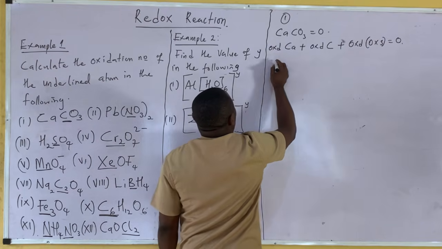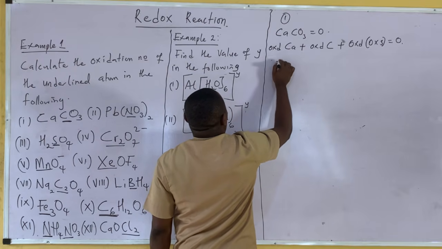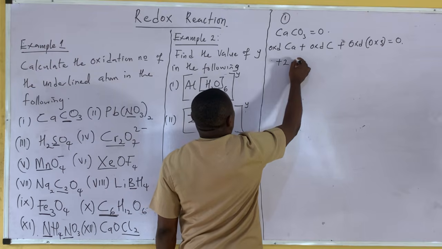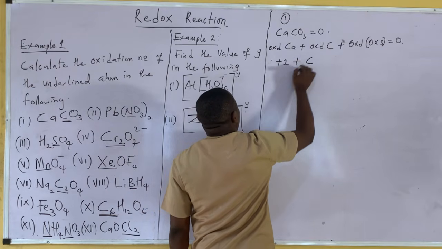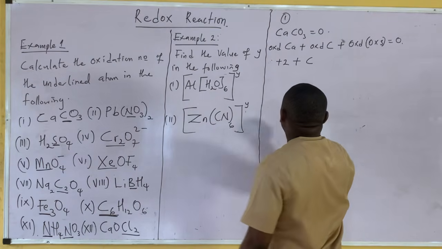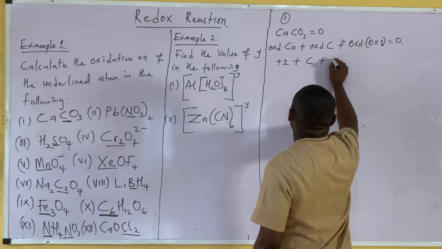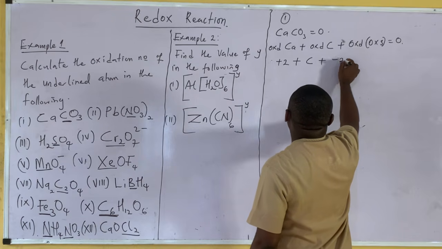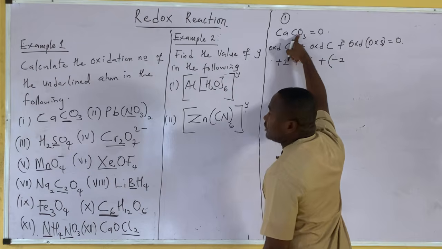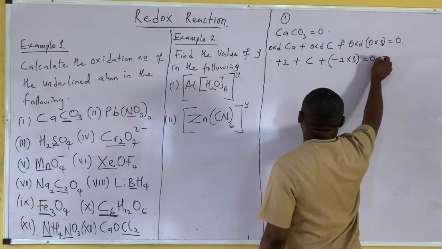Oxidation number of calcium is plus 2, plus I'm looking for that of carbon. So carbon will remain as C, plus oxidation number of oxygen is -2 times 3, everything equals 0.